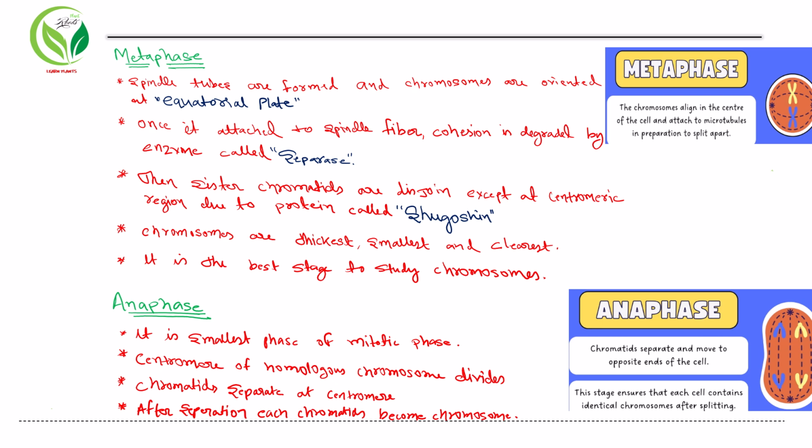So this is very important. Spindle fibres are formed and the chromosomes are oriented where? Oriented at the equatorial plate.